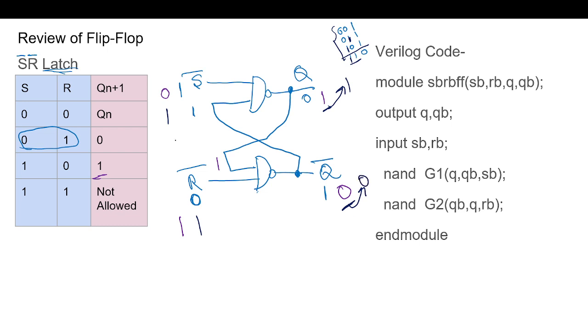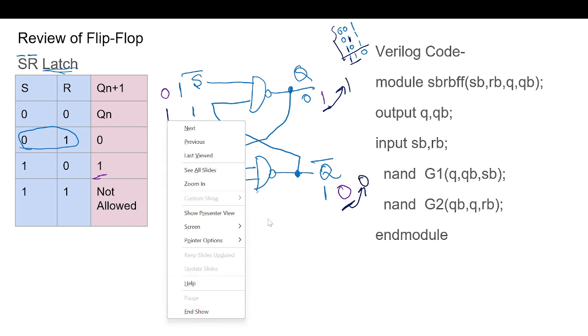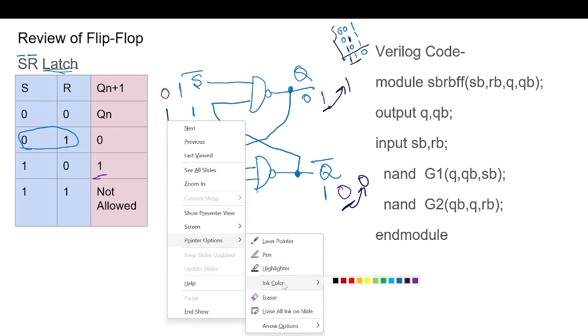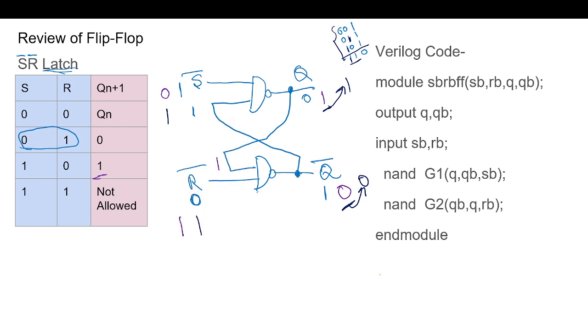And for 1, 1, S bar is 0 and R bar is 0. If both are 0, any one input tied to 0 gives output 1. So both Q and Q bar cannot be the same, so this state is not an allowed state.